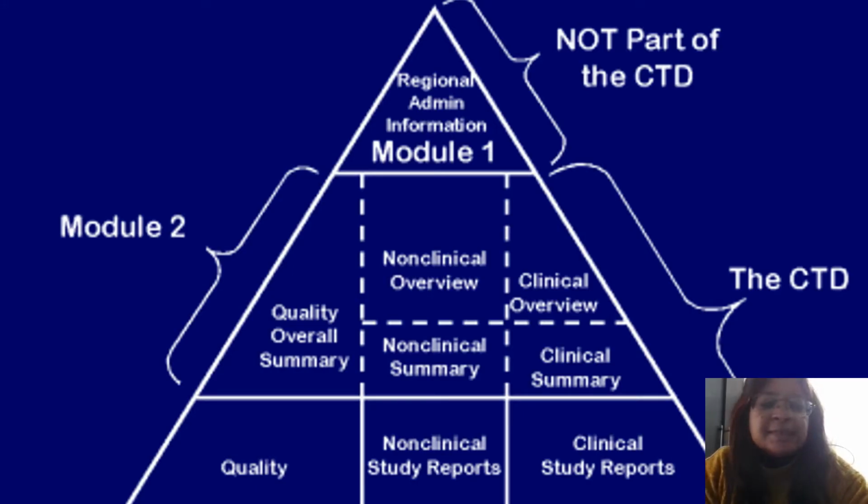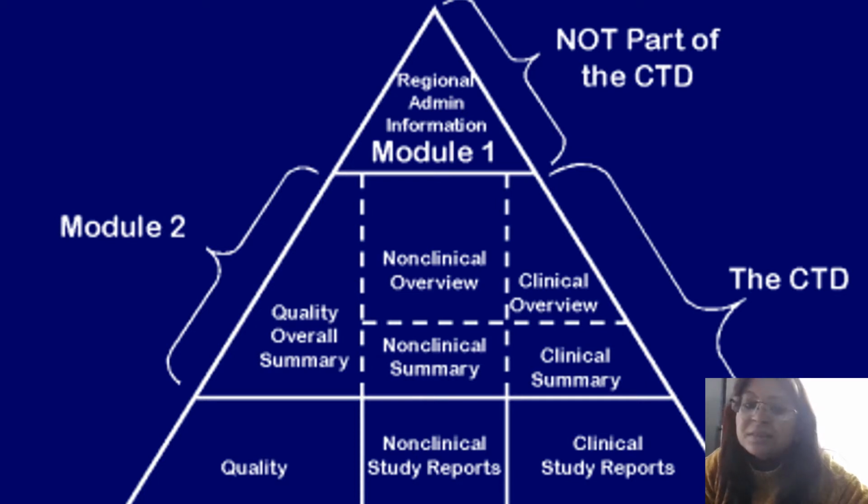This is just an insight into the dossier part. I told you there are 5 modules. Module 1 basically comprises the information which is regional specific. Module 2 comprises the summary of the complete dossier, containing the summary for your clinical part, non-clinical part, everything.